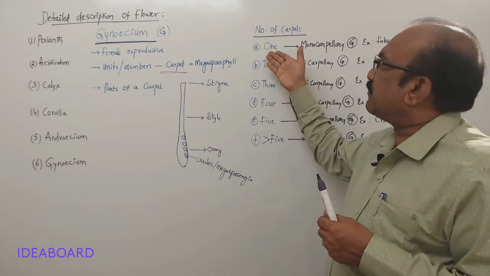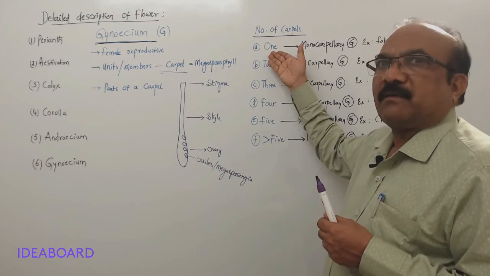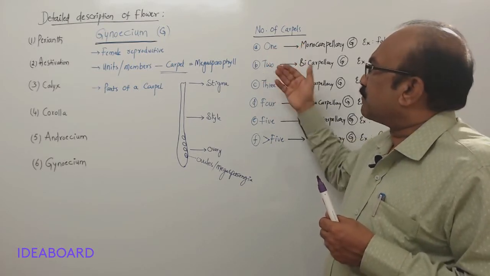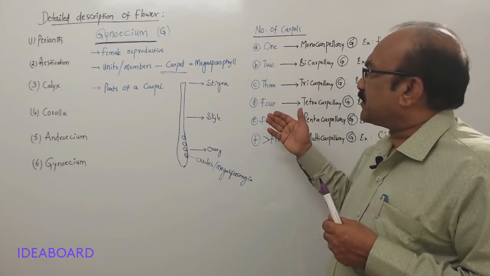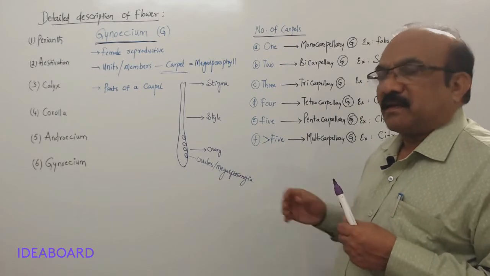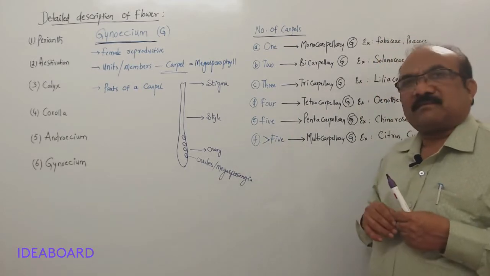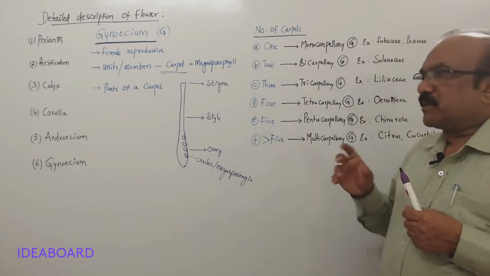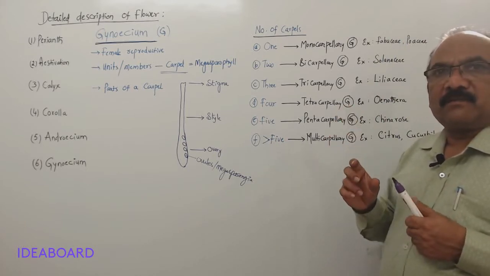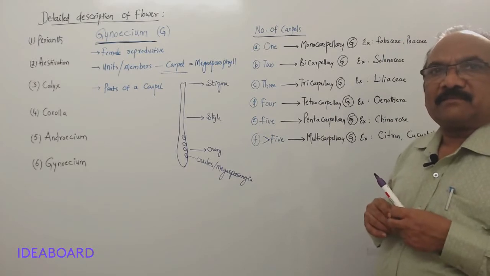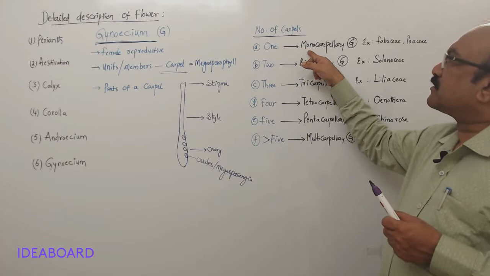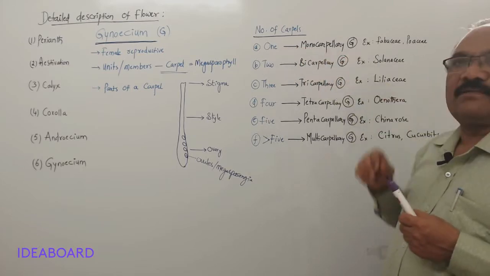Some will have one carpel, some two carpels, some three, some four, some five, and some more than five carpels. Based on that, the gynoecium is described. That means we use one technical term here. When the gynoecium is with one carpel, it is called monocarpellary gynoecium.